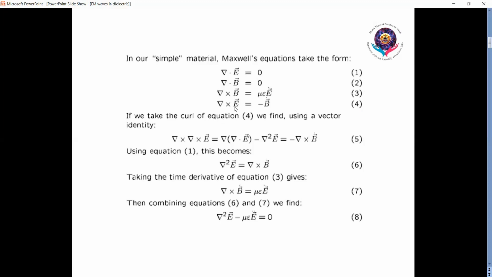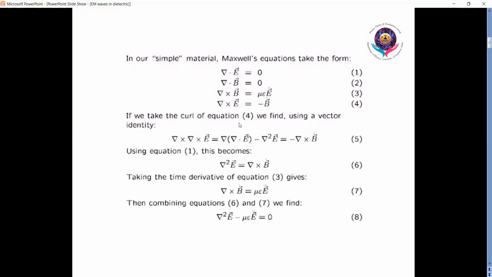You can see that the fourth equation is del cross E. We take the curl of this equation. Here del cross denotes the curl operator. By the vector identity I showed you yesterday, this curl of a curl is equal to these two terms.